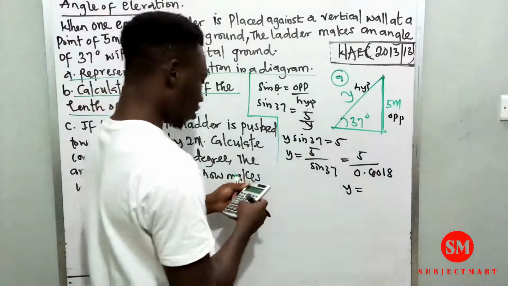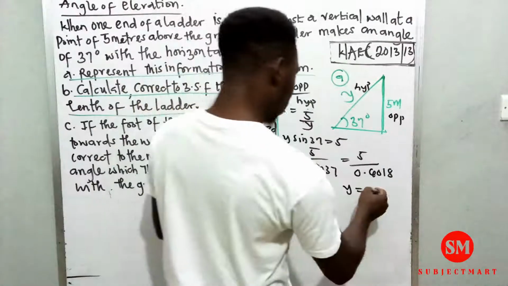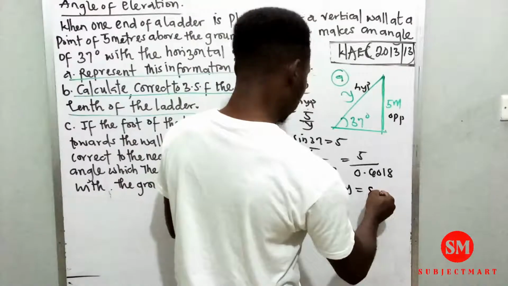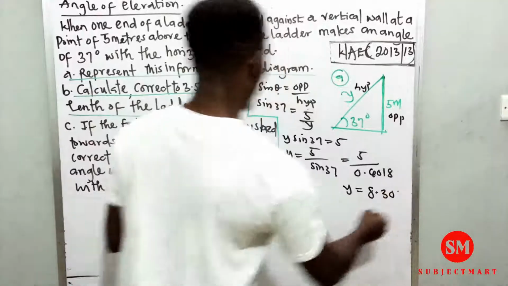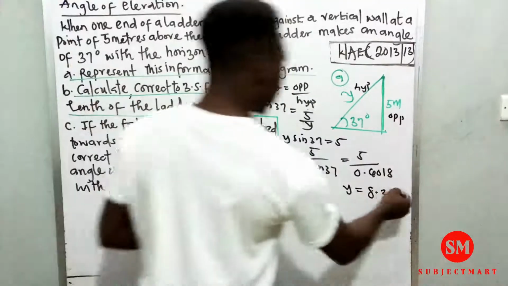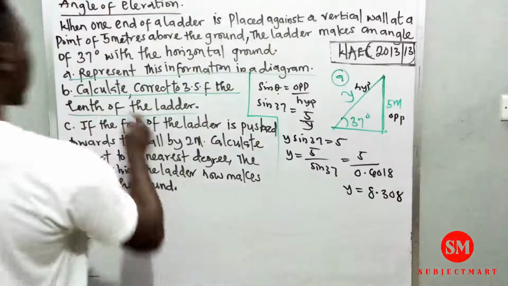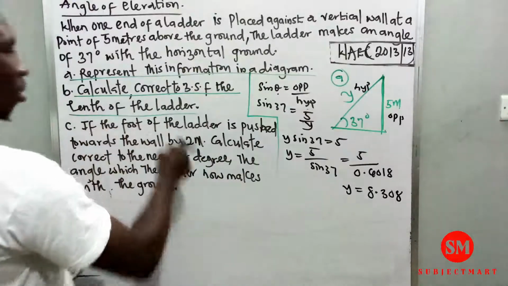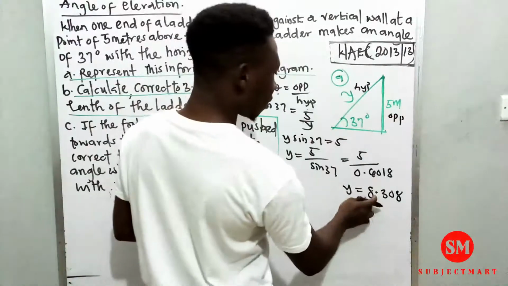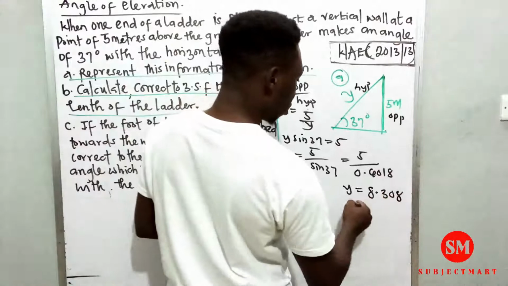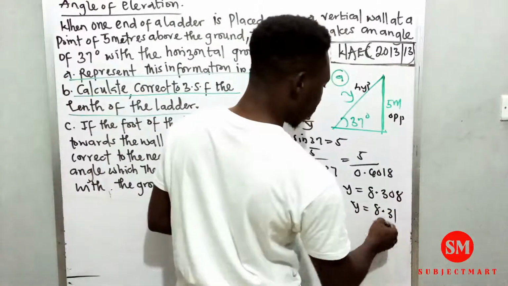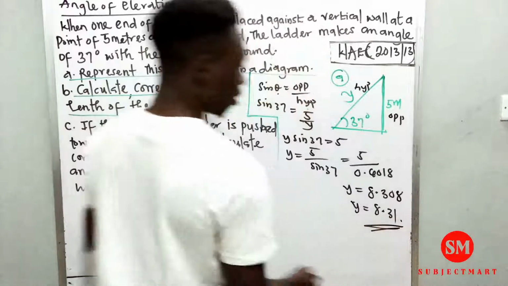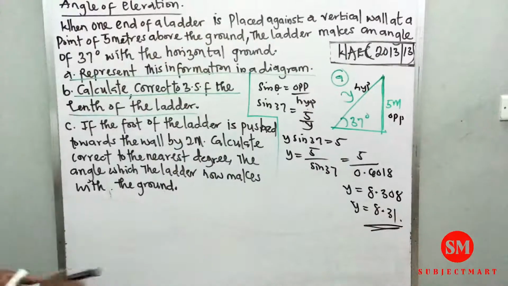Now that is going to give us, what? 8.308. Now what did the question say? Correct to 3 significant figures. So 1, 2, 3. So y here is equal to 8.31 at 3 significant figures.